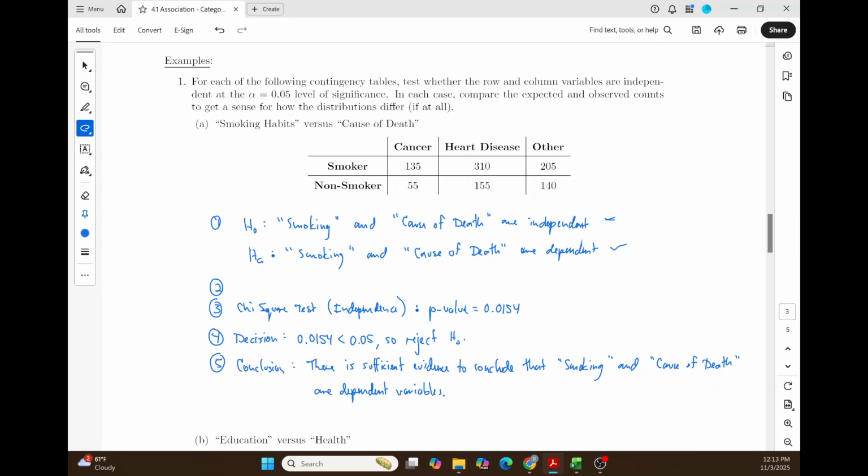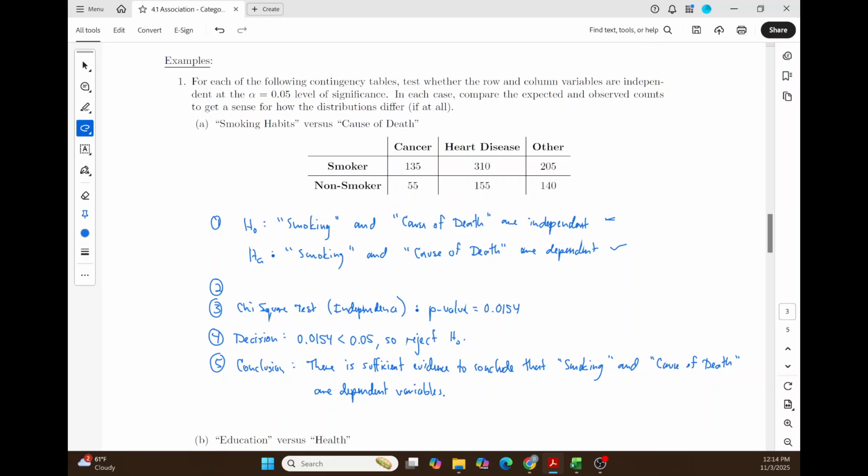But you're not always justified in making that stronger statement, because there's another possibility, right? The other possibility here doesn't make sense, but sometimes it does. So the other possibility would be that your smoking habits depend on your cause of death.